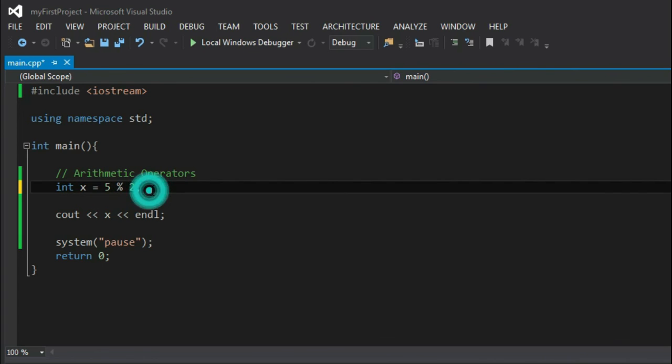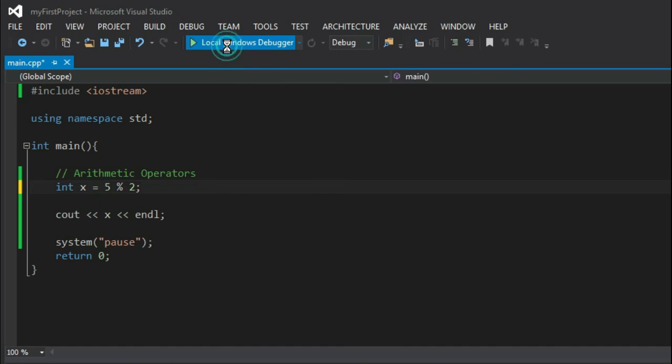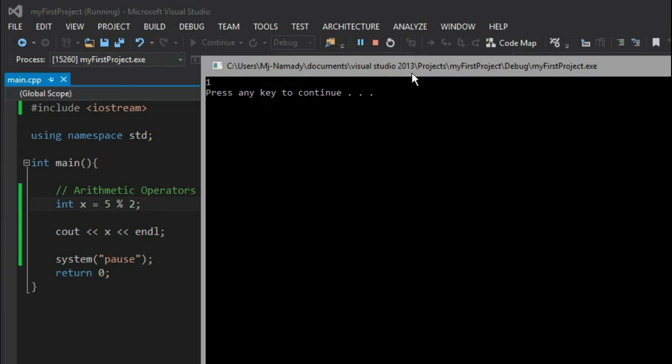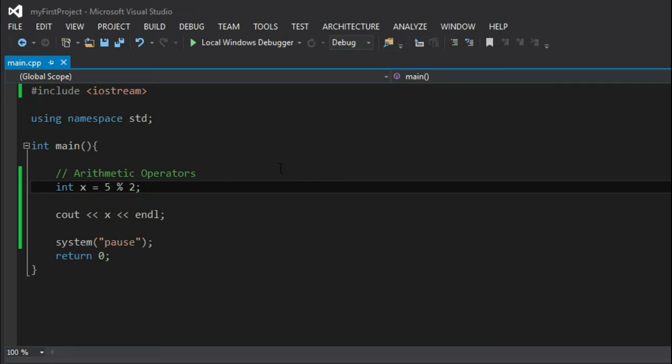In our case here it is 1, because 2 can go into 5 two times, remainder 1. So if I run this program, I'm going to get 1. Yes, because 5 mod 2 is 1. So the modulus, or the percentage sign, simply returns a division remainder.